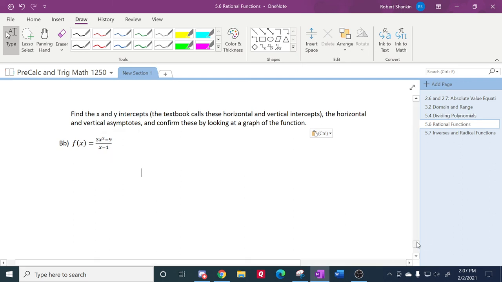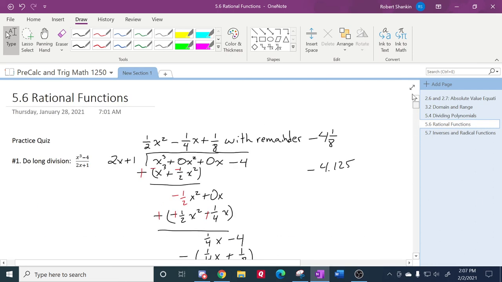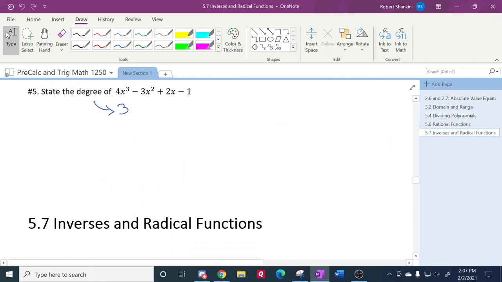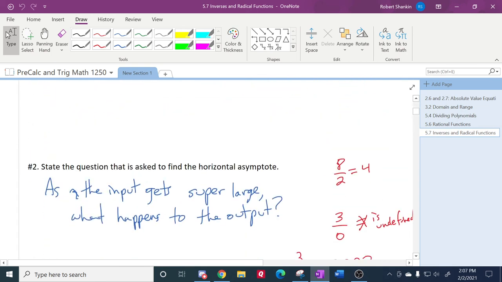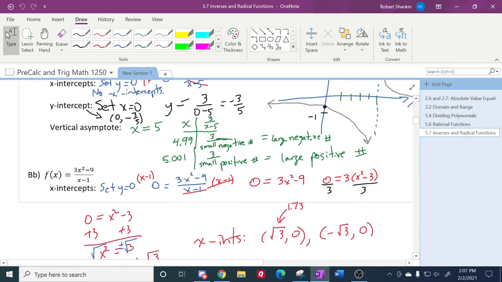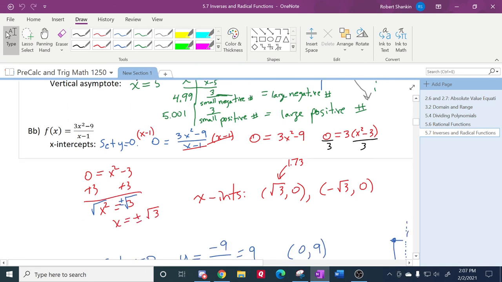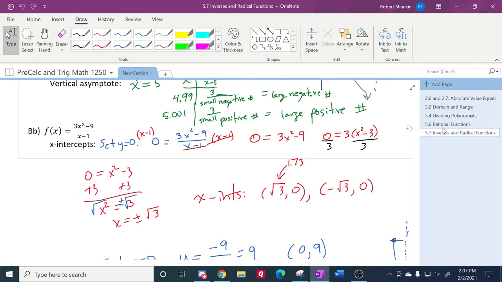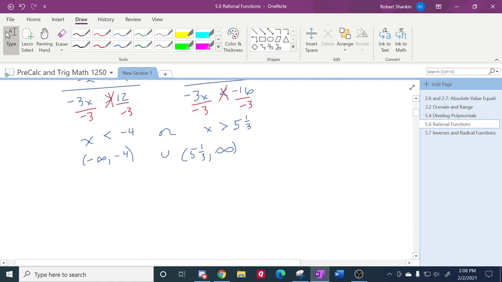Okay, on this one, 3x squared minus 9 over x minus 1. We'd already done this problem. We had found the x-intercepts, square root of 3, 0, negative square root of 3, 0, and the y-intercept, 0, 9. Okay, so let me go back to just write these in.